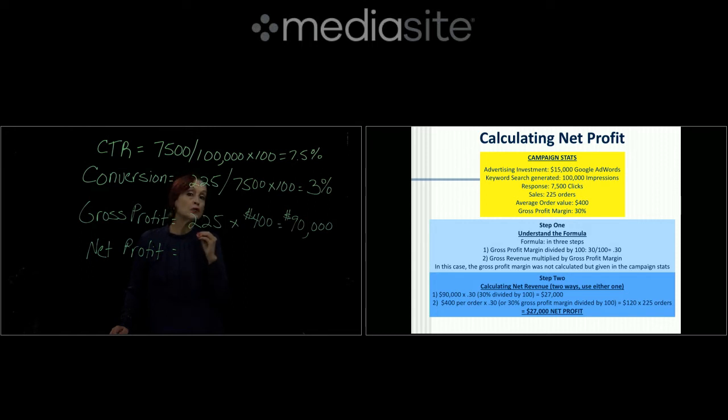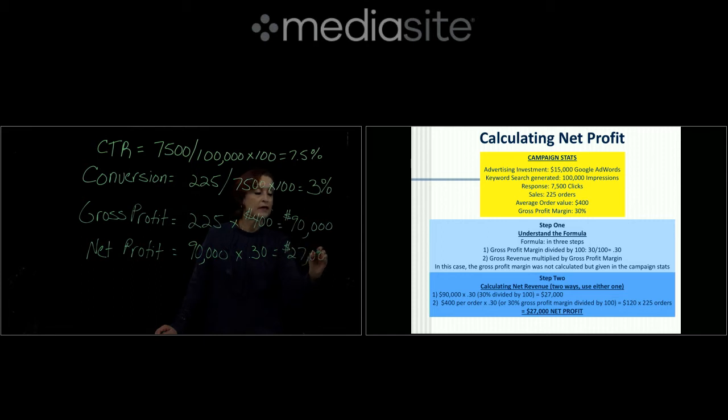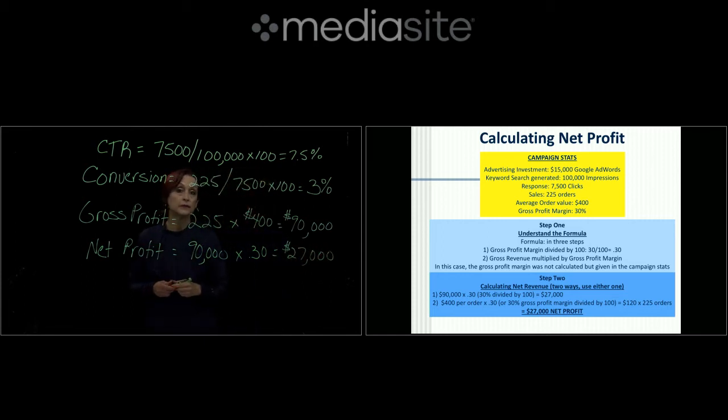We know that the gross profit margin is 30%, or 30% is the actual money they're going to make. So again, the gross revenue was $90,000, and you multiply that times 0.30, which is the 30% gross profit margin divided by 100, and that equals $27,000. So now we know click-through rate, conversion rate, gross profit, and net profit.